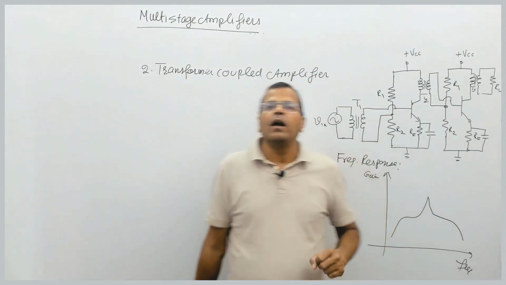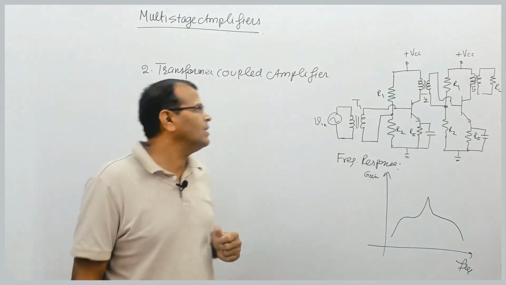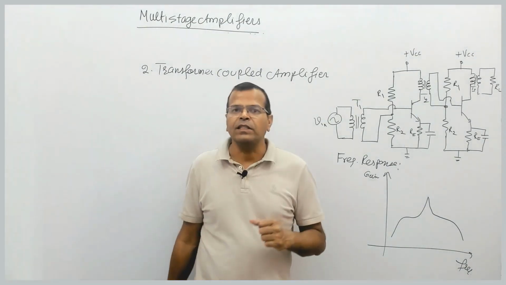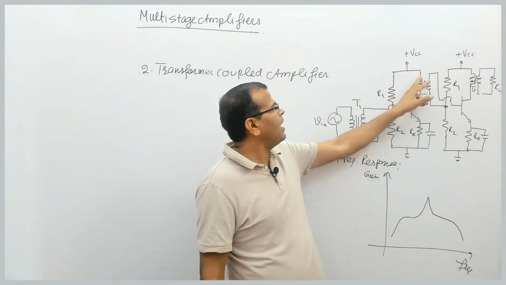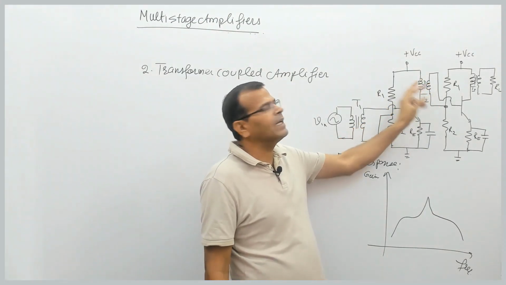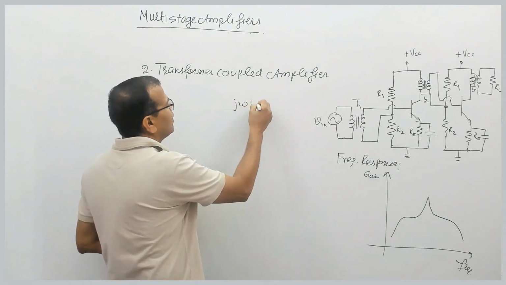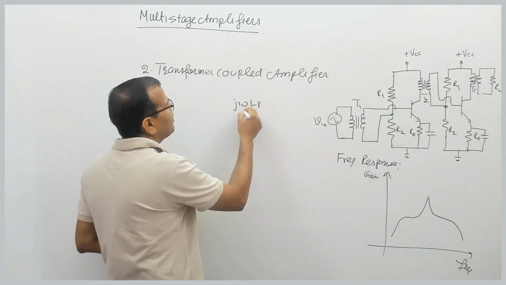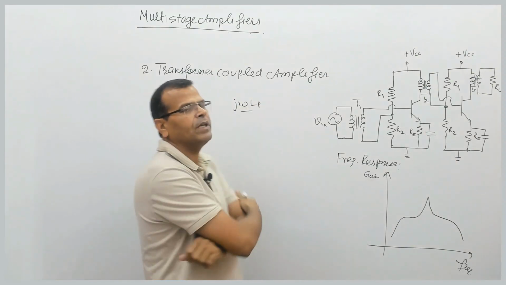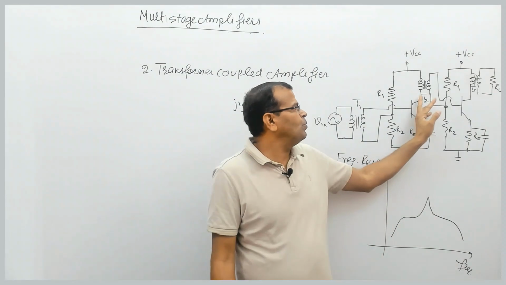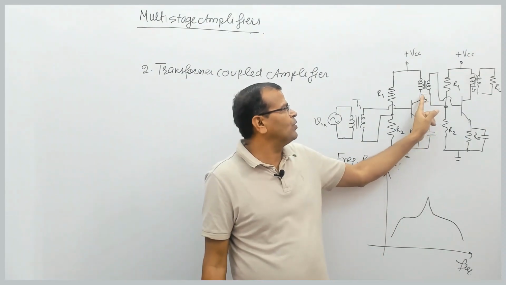So now, interestingly, let us talk about the frequency response of this amplifier. At low frequencies, what is the impedance offered by the reactance of transformer? The reactance of the transformer primary side will be omega into LP. And if you remember, what is the output voltage of each stage?